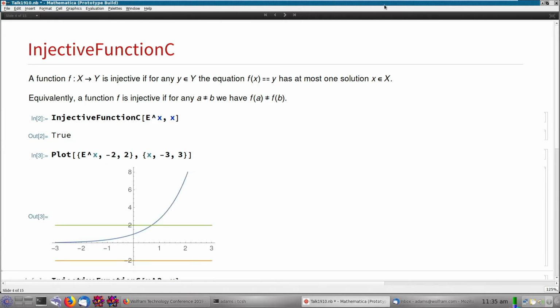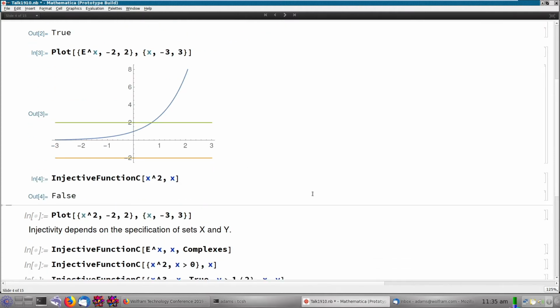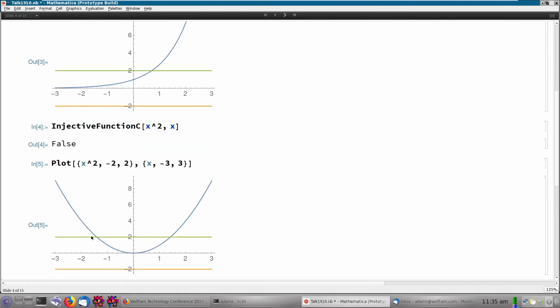We can plot the exponential and see that there is at most one solution for every y, so each horizontal line intersects the graph at at most one point. Then we check whether a quadratic function is injective. It's not. And we can see that there are some horizontal lines that intersect the graph in more than one point.